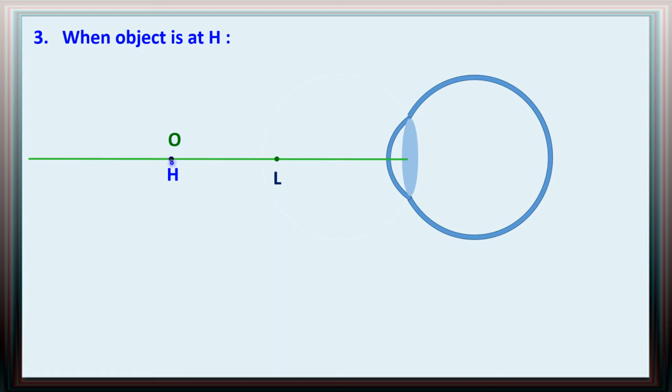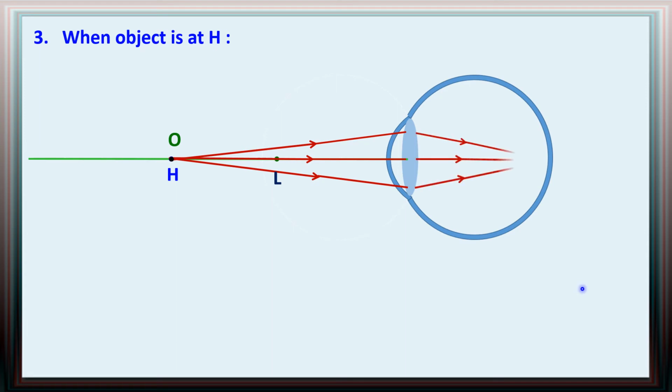O is the point object. It has been placed at H. So here I am taking the three incident rays, and after refraction the refracted rays will form the image on the retina only.